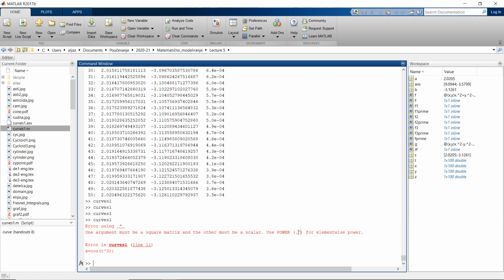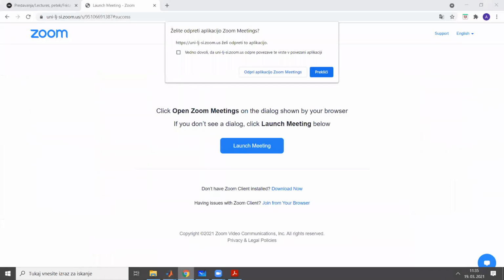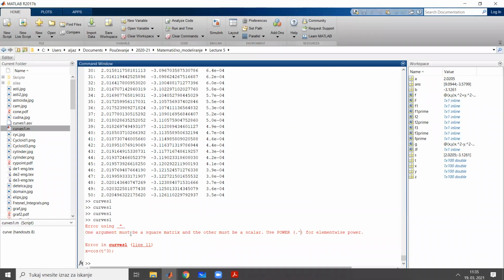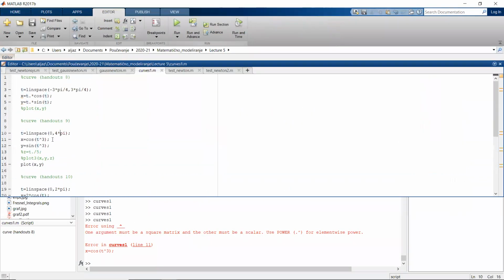And this dot hat tells me that I will plug vectors for the parameters. So here my t is some vector of values from 0 to 4π with 100 columns. But here, if I don't put t dot, then MATLAB takes this t as a scalar. So I can only plug in a scalar for t.